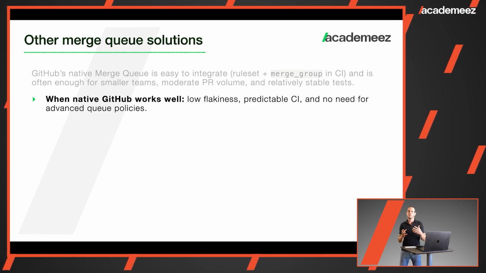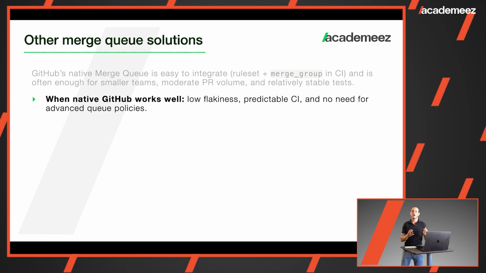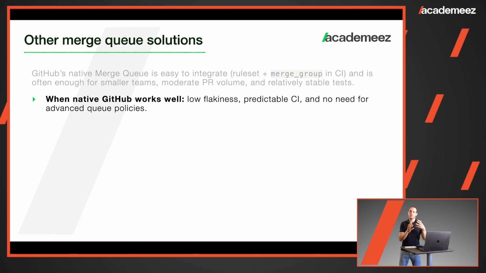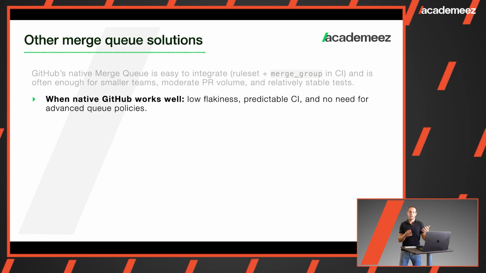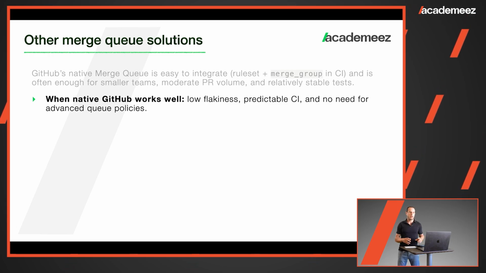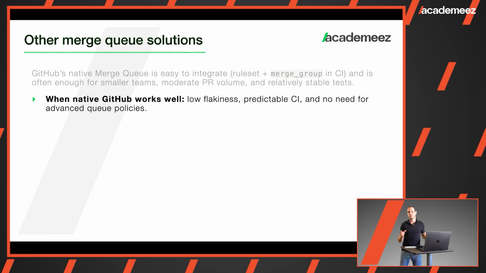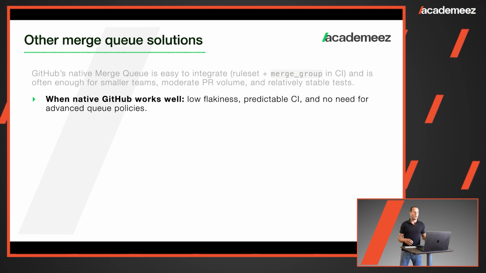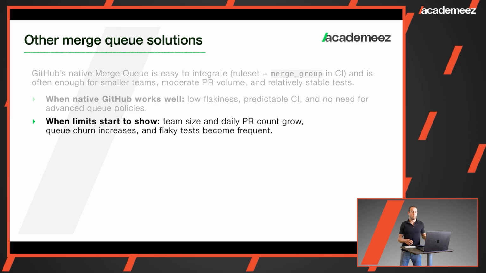And if you have no need for advanced queue policies. Sometimes you want your merge queue to be prioritized, to work with labels, and not to have a merge queue assigned to a branch, but to have multiple merge queues open for different categories. But if you have a simple pipeline with low flakiness, predictable CI, and you only need one queue, GitHub might work well for you.